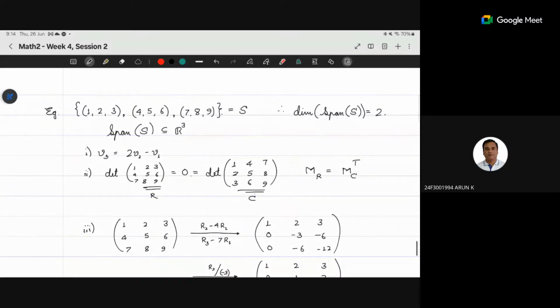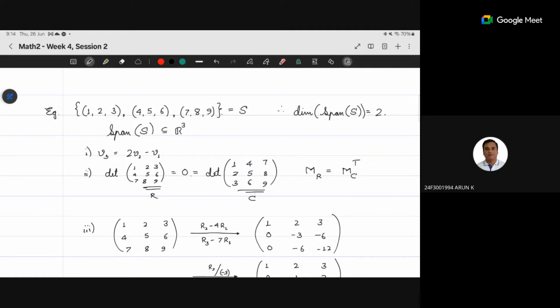Over here, I'm trying to determine the dimension of the vector space given by span S. I'm given a finite set S, which will have a span, which will have a dimension. Since S is a subset of the vector space R3, the span of S is a vector subspace of R3. So it will have dimension 0, 1, 2, or 3.